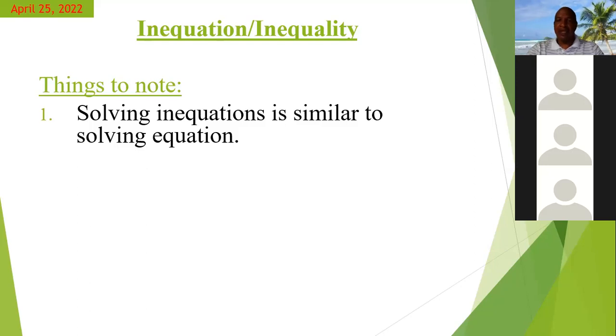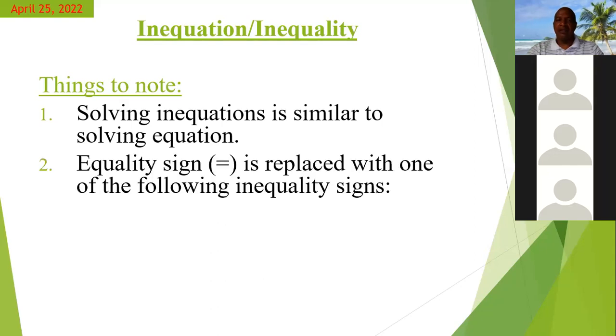The only difference is going to come in the answer, because instead of having a single value, as Ms. Wason was trying to put earlier, sometimes you may have a range of values that represents the solution. So that's a difference, but you're treating them the same way as you treat an equation when you're solving. You're making x the subject, or making the unknown the subject.